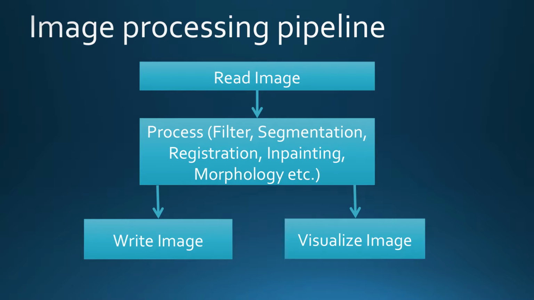That's all it will take to do the same work. And once you do all these things, you might want to either write an image or visualize an image. That's basically the image processing pipeline at a 10,000 feet level. That is the most common and most frequently occurring workflow that you will find in image processing. There might be some nuances here and there, but essentially this is the work that you do.